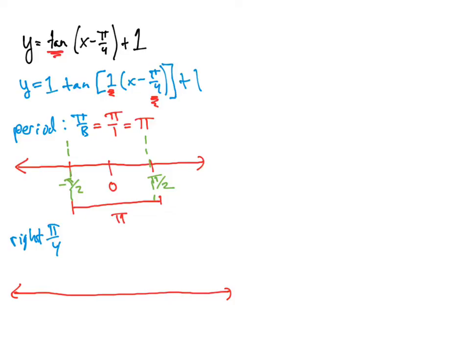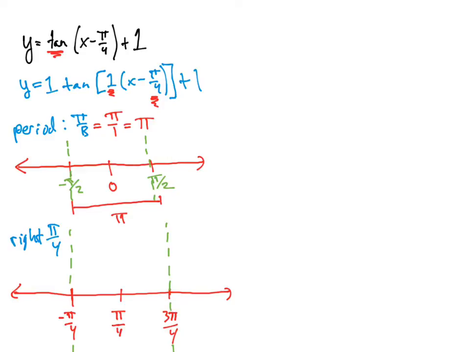Negative pi over 2 plus pi over 4 gives negative pi over 4. 0 plus pi over 4 is now pi over 4. And positive pi over 2 plus pi over 4 gives 3 pi over 4. So negative pi over 4 is an asymptote, and 3 pi over 4 is also an asymptote.